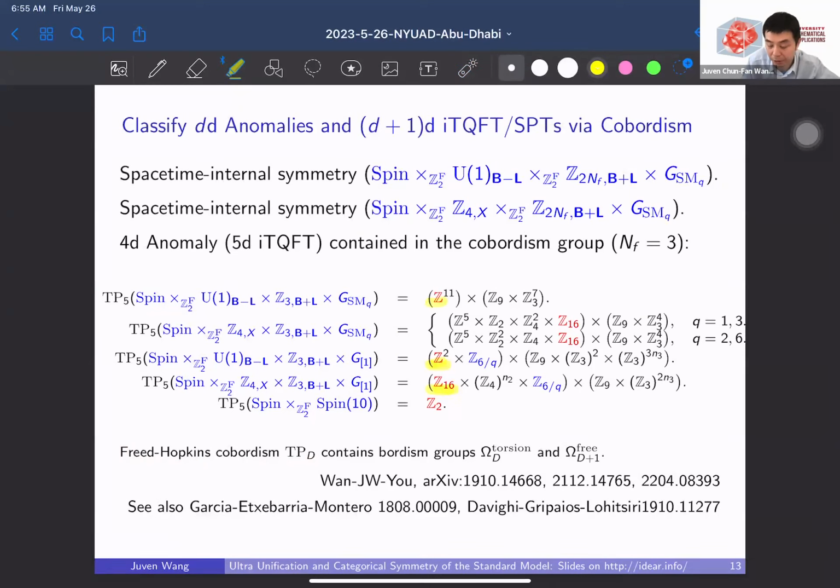There are a few other cases, and I don't have time to talk about them, but I'll focus on this Z and Z16. There are also some other Z2 choices that can play a role for BSM physics, but today we'll focus on this Z and Z16. But the point is that cobordism says the index theory actually captures most of what we need, except that the Z class will break down to Z16 when you break the U1 B-SL down to Z4.